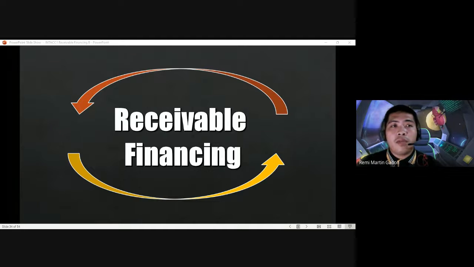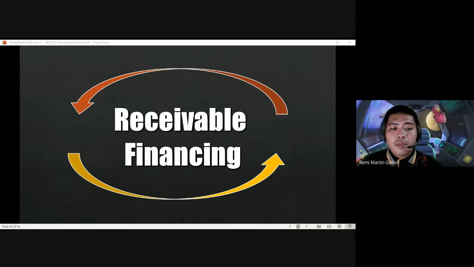Meaning there is transfer of ownership and transfer of risks and rewards in collecting the accounts receivable. With factoring, by way of absolute sale, the selling company is already relieved of the responsibility of collecting the accounts receivable.